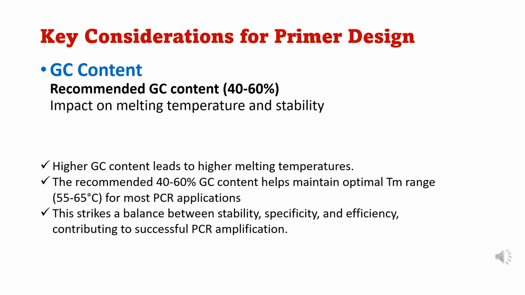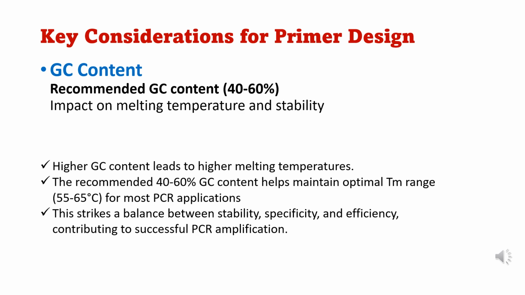It further helps to maintain similar melting temperature between primer pairs, which is crucial for efficient PCR product. Also, balanced GC content reduces the likelihood of forming problematic secondary structures like a hairpin structure. And this 40 to 60% GC content allows for flexibility in adjusting the annealing temperature and other PCR parameters.